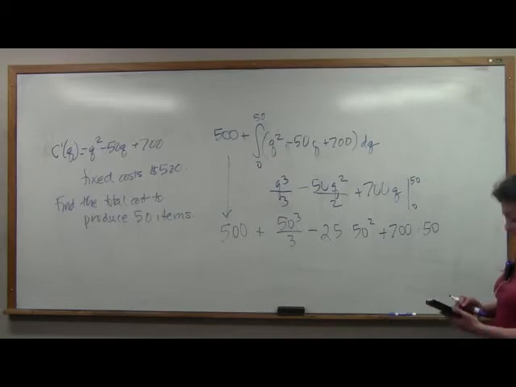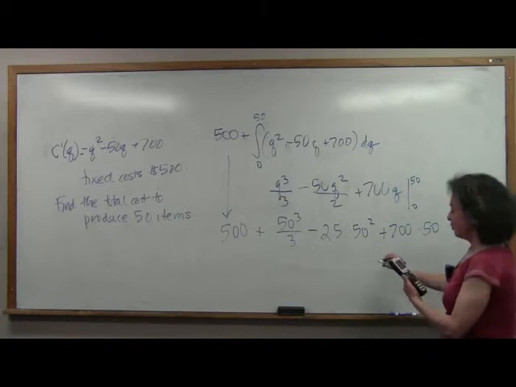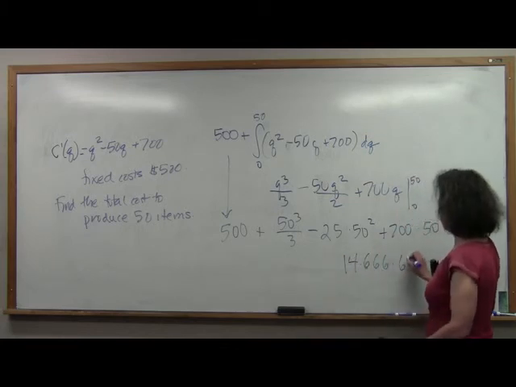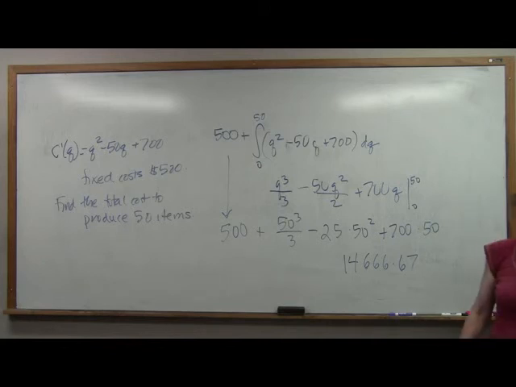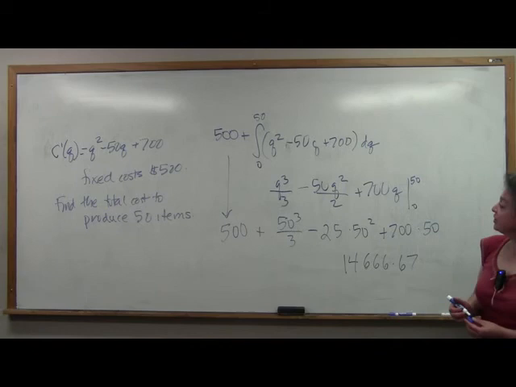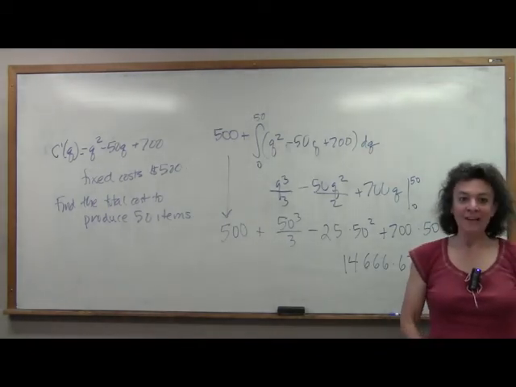And not that we really care too much about what the answer is, but let's compute it just so we're all on the same sheet of music. And we get $14,666.67. So there's another way to look at the applications of our definite integral. All right, thank you.